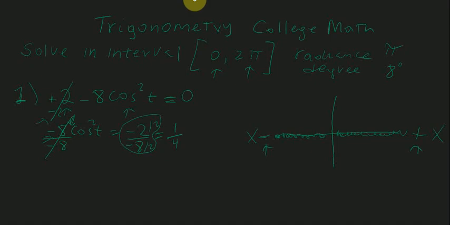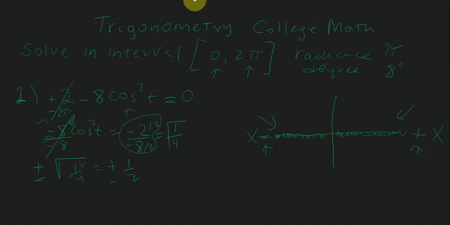Now we need the negative side and positive side for cosine. In order to get that, we have to use the square root. Square root gives you positive and negative. That's why we want this line and this line. Cosine is negative here, cosine is positive here. So if we take the square root of 1 over 4, what are we going to get? The square root of 1 is 1, the square root of 4 is 2, positive and negative.